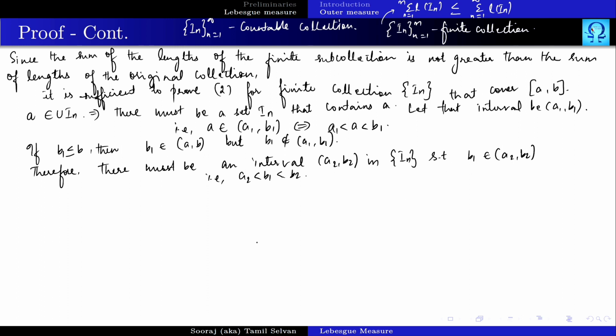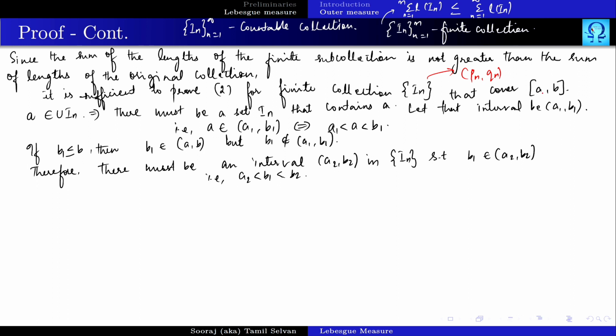So what we have done here is writing something down. This collection is basically a collection of open intervals, of some form. Let me write it as (p_n, q_n), open intervals of this form.